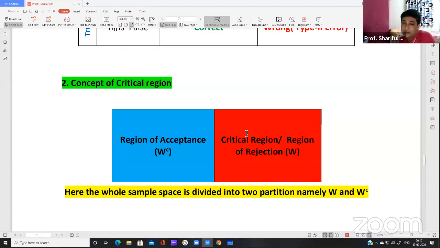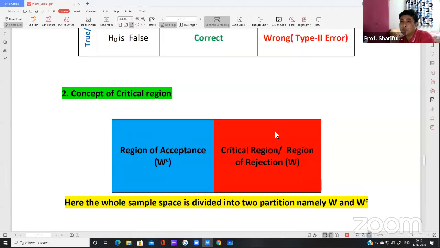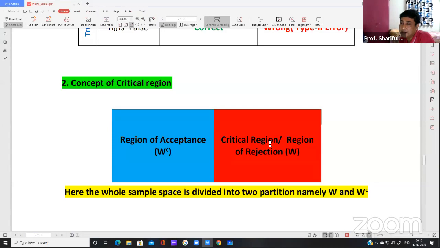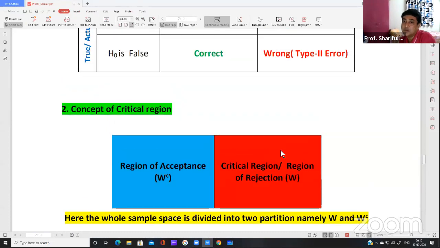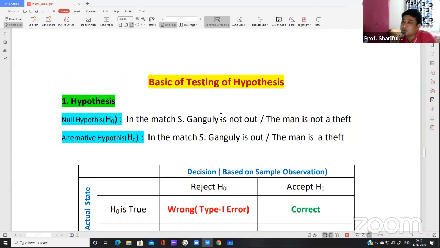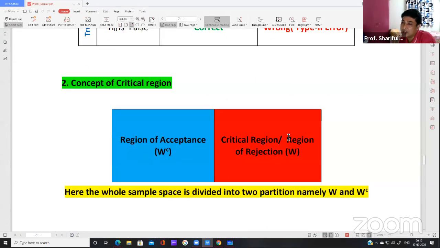So actually, those kinds of observations for which the judgment goes here, rejecting H0, this is called the critical region. Critical in this sense: suppose a patient is critical, basically we cannot save him. Basically, the judge is always in favor of H0 because in H0 there is no bias. So the judge wants to take the decision that I will not reject H0.